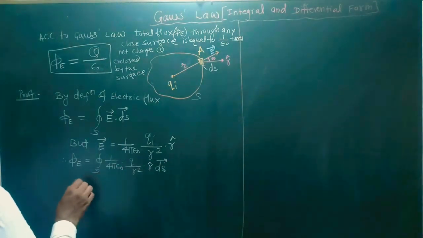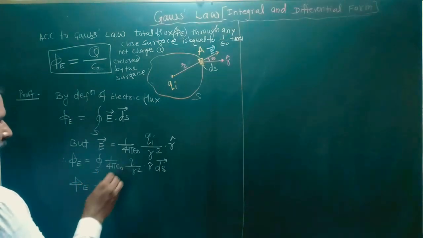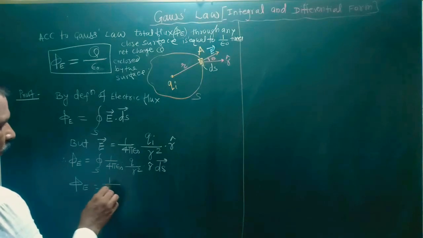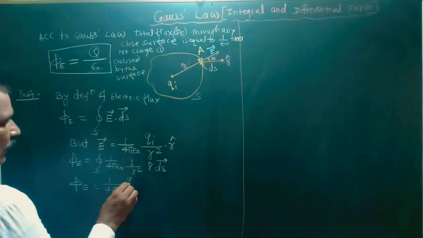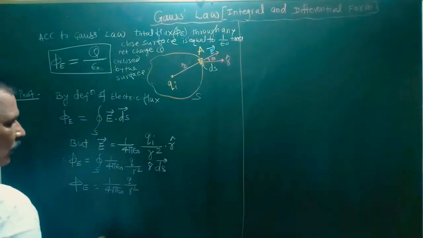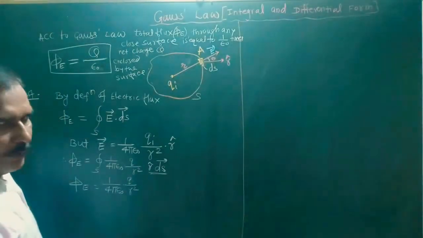But these factors are constants that can be taken out. 1 upon 4 pi is a constant. Epsilon 0 is the permittivity of free space, which is also constant. Q is also constant, and R square is also constant. And R cap and ds bar are in the same direction.